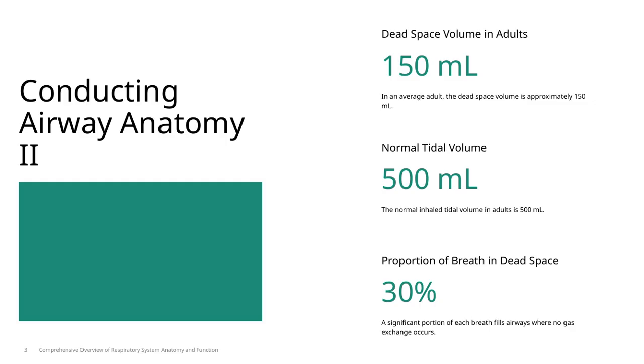That means nearly a third of each breath is just filling the airways where no gas exchange happens. Understanding this helps us appreciate how efficient our respiratory system really is, and it sets the stage for discussing how various factors can influence gas exchange and overall breathing effectiveness.